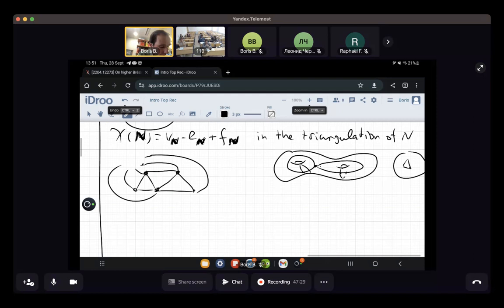Therefore let's compute in this situation, where we have a ramified covering. We lift this triangulation to the Riemann surface M, and we have an induced triangulation on M.